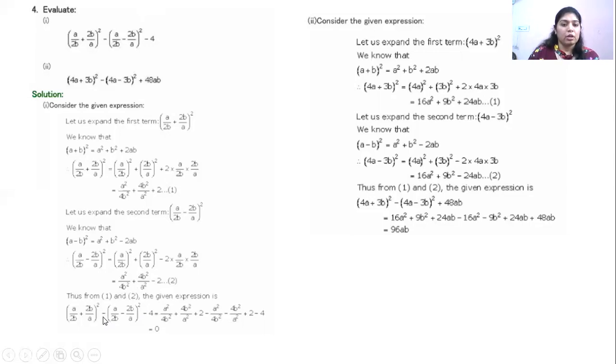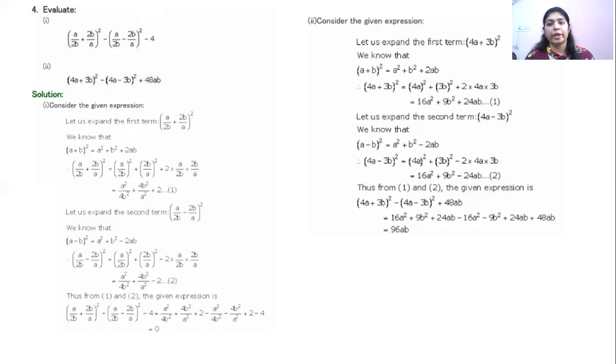Then, before the bracket the sign negative was there, so we have to change the sign, and minus 2 will become plus 2. Minus 4 as it is, the term of the expression. We can cancel the positive and negative terms, plus 2 plus 2 plus 4 with minus 4, and we are left only with 0.